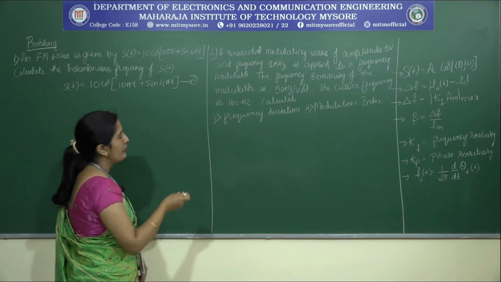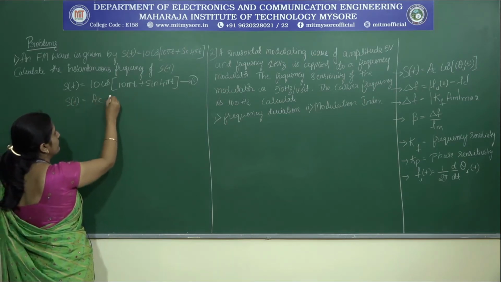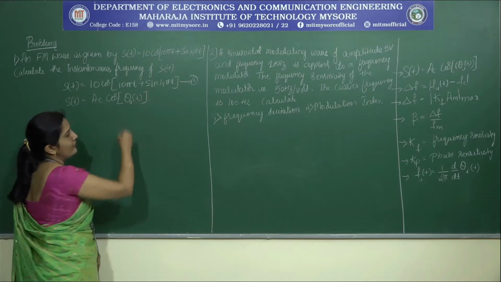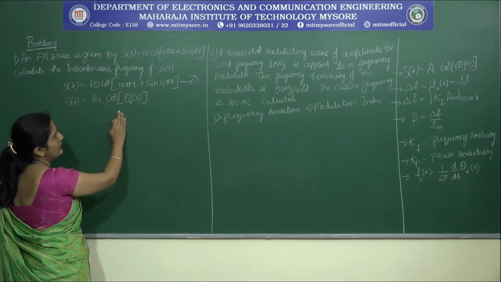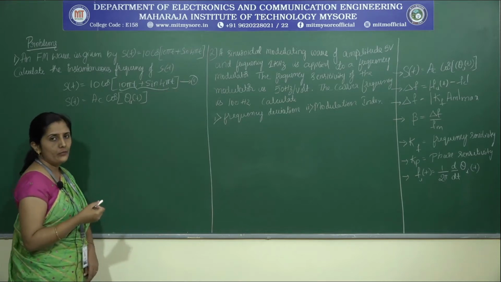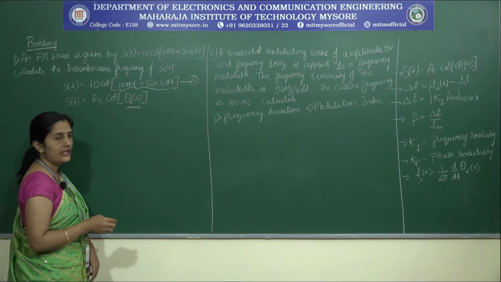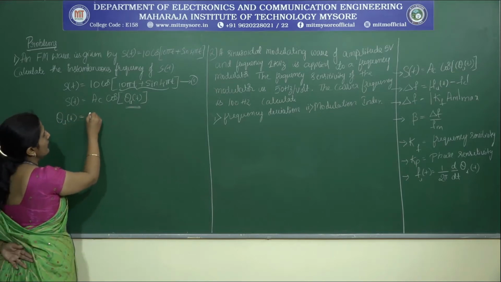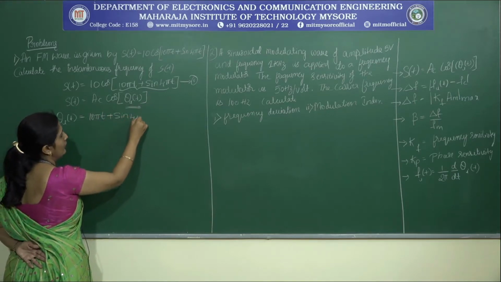By the formula we know that S of t is equal to Ac into cos theta i of t. You can refer to the formula we have written there, correct? When we compare this, you can relate 10 pi t plus sin 4 pi t directly to theta i of t. So theta i of t is equal to 10 pi t plus sin 4 pi t.